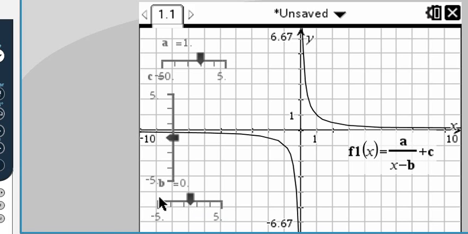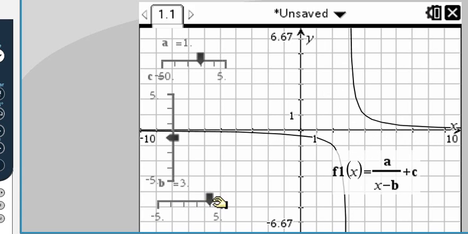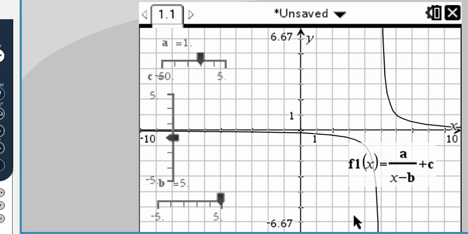So if we move the B slider, we can see when we subtract 5, we move over 1, 2, 3, 4, 5.